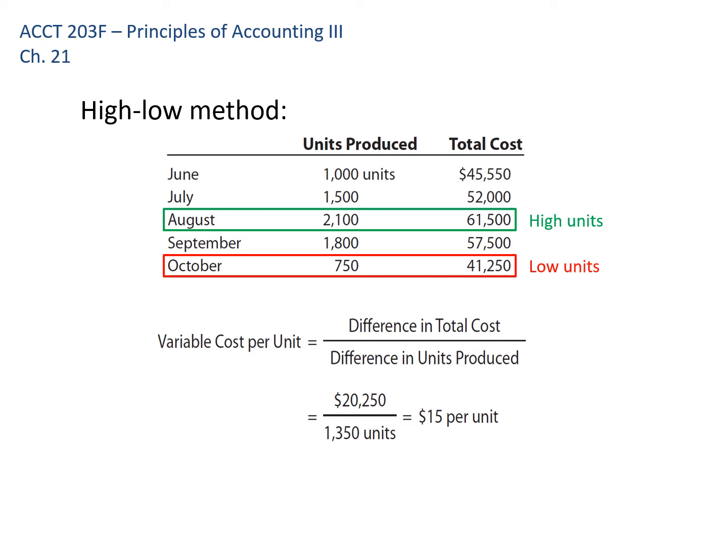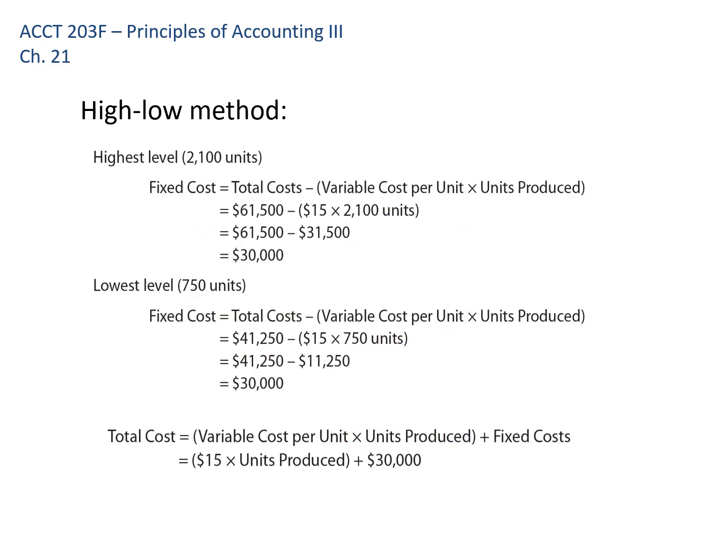So now I can plug that back into either of the 2 points to figure out the fixed portion. The total cost is always going to equal the variable cost per unit times the units produced plus the fixed cost. So I can rearrange that formula to get fixed costs by itself. I show it for both points, although you can see you get the same answer.